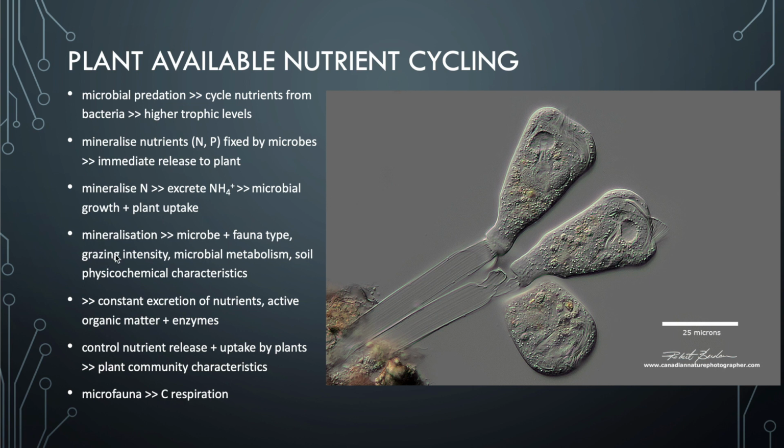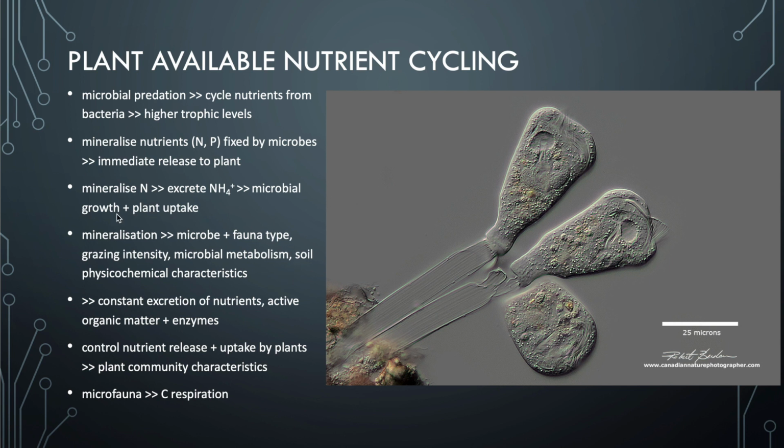So mineralization influences the microbe type, so which type of bacteria take up the nutrients, and the fauna type that can feed on those microbes, so the type of protozoa that can actually proliferate. It also determines the grazing intensity on those microbes and the microbial metabolism in the soil, and as a result, it influences the soil physiochemical characteristics.